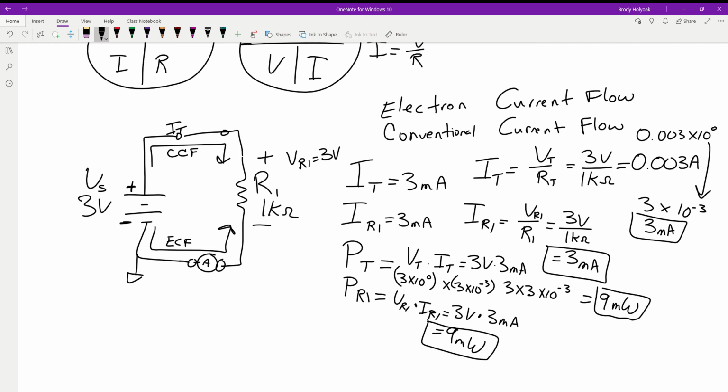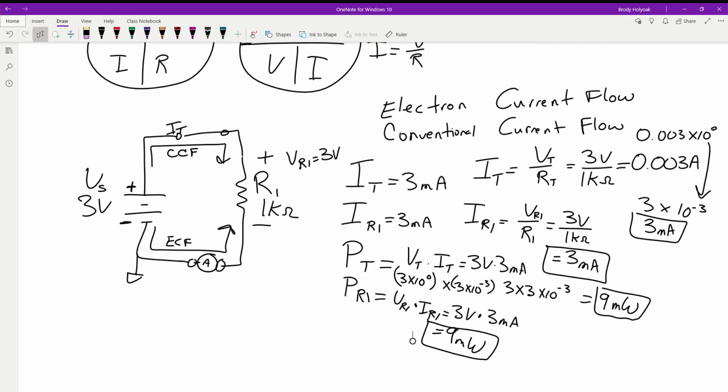But I wanted to show you guys a point with this: when we do these calculations, start recognizing the current in a series circuit is going to be the same everywhere. Power is going to be the total summation of all the power drops in the circuit. So in this case, we only have one component. It's going to be the same as that value because there's nothing else to add to or to take away from it. Does that make sense?